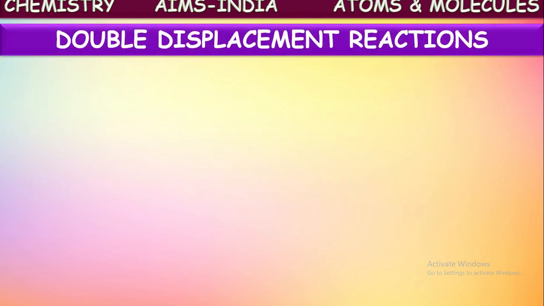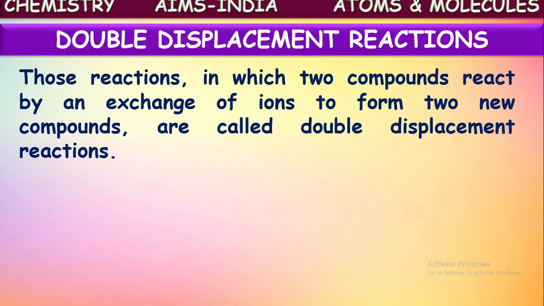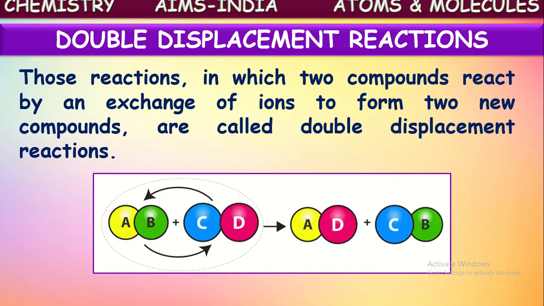Next, another type of chemical reaction, double displacement reactions or double decomposition reactions. The chemical reactions in which two compounds react by an exchange of ions to form two new compounds are called double displacement reactions or double decomposition reactions. See the example diagrammatically shown, a compound AB combining with another compound CD.